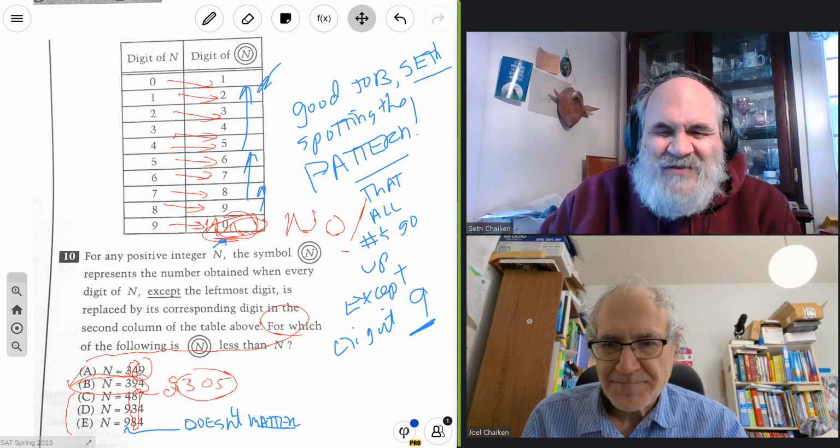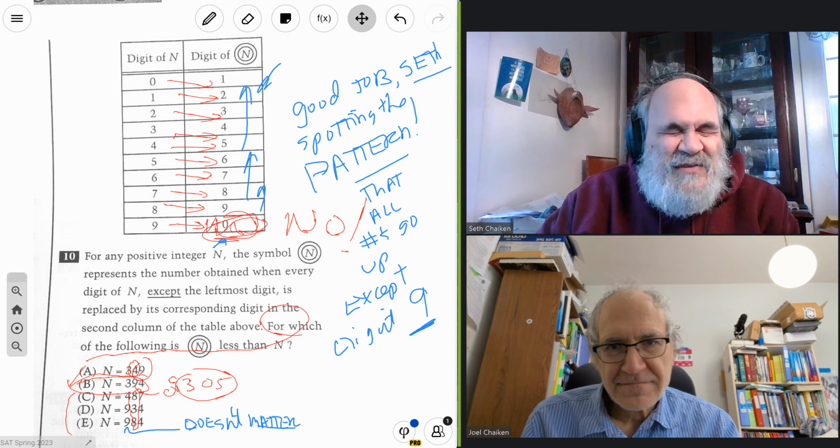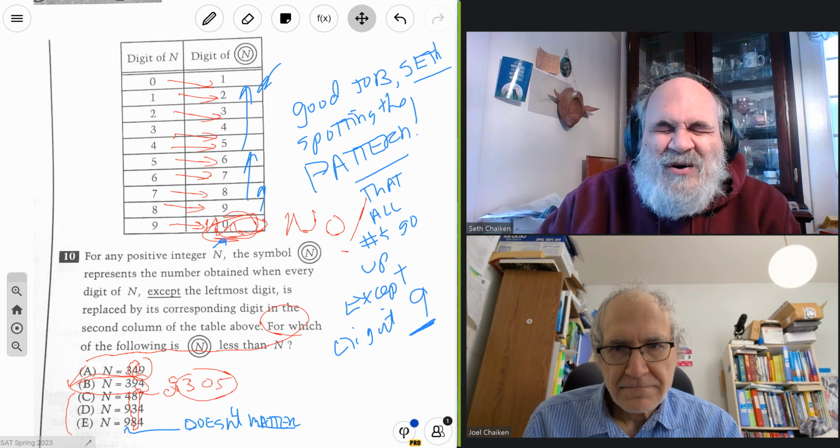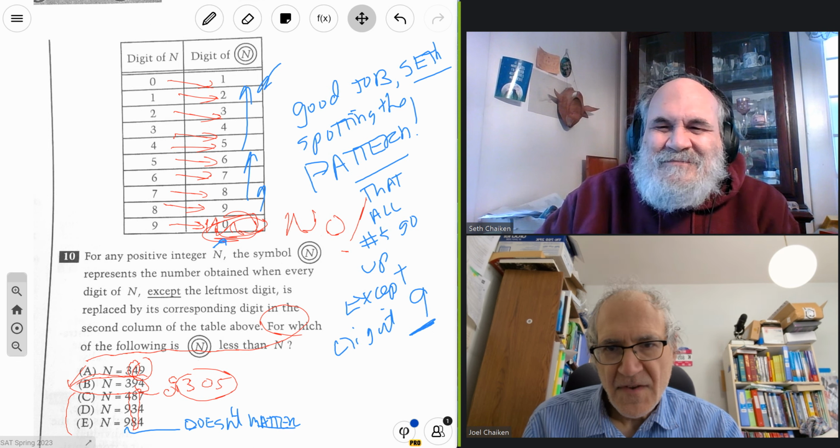Part of that was I originally had a wrong thought that the operation takes digits and makes them bigger. I was misled.